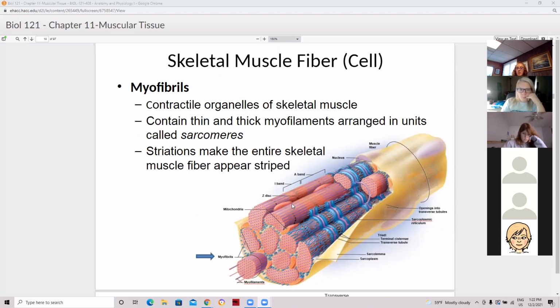Myofibrils are contractile organelles of skeletal muscle. They contain thin and thick myofilaments arranged in units called sarcomeres. The striations make the entire skeletal muscle fiber appear striped.